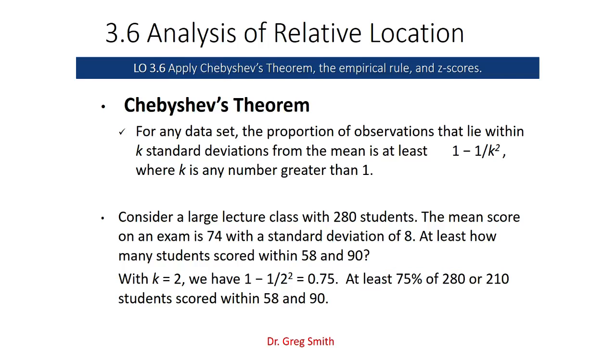Last couple things we want to cover. Distribution. So we're going to start looking at how data distributes itself around a central point, usually the mean. With that, we want to make sure that we have some rules to play with, such as Chebyshev's rule.